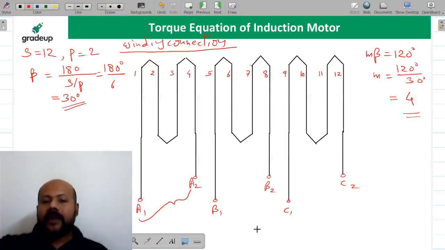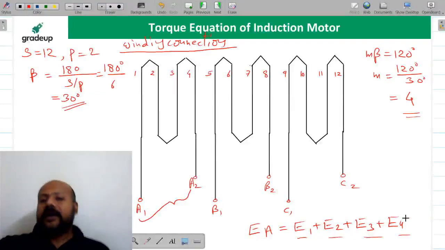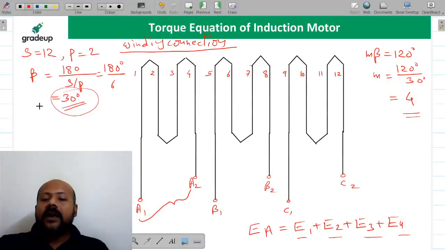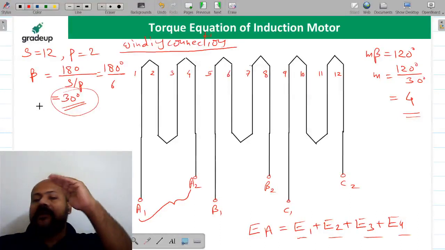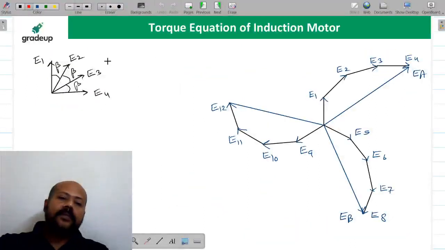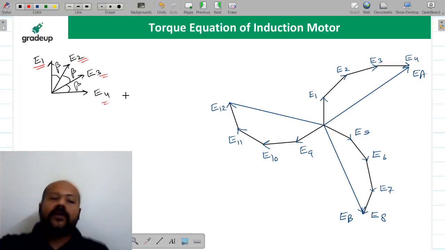So EA is going to be E1 plus E2 plus E3 plus E4. Now these E1, E2, E3, E4 for the corresponding conductors are not in phase because they are in adjacent slots where the slot angle is 30 degree. It means all these E1, E2, E3, E4 have a phase difference of 30 degree. Just see here, this is the actual phase difference between E1, E2, E3, E4.